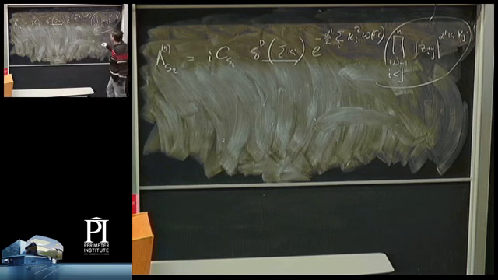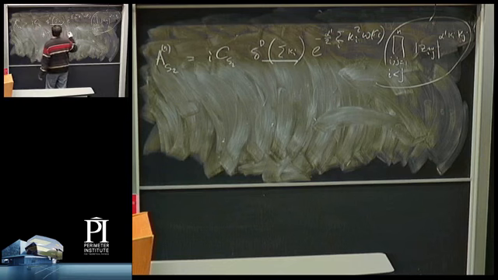In the case of a sphere, we can fix 3 positions, and so the scattering amplitude will look like a product not to n but n minus 3 of this type of z_ij, very schematically.